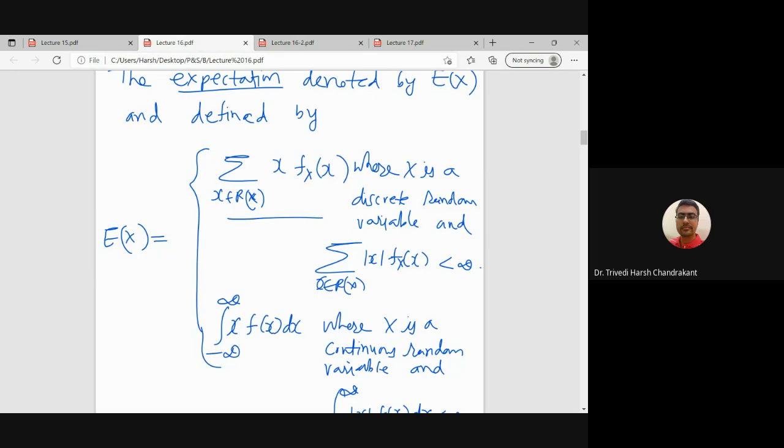And both of these expectations exist whenever the corresponding series is absolutely convergent. We discussed that we will not worry about absolute convergence if our random variable takes only non-negative values. We'll check the absolute convergence condition only when it takes at least one negative value.